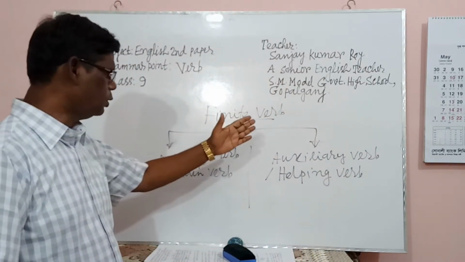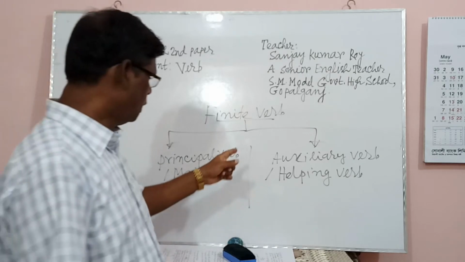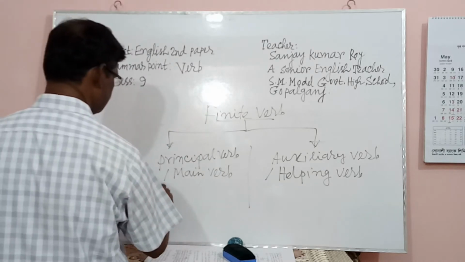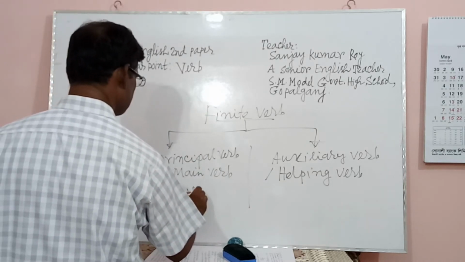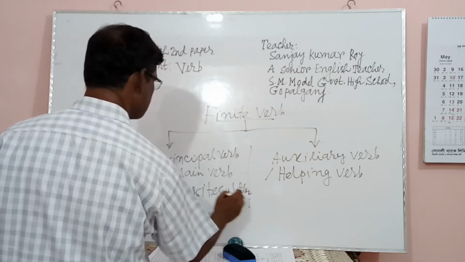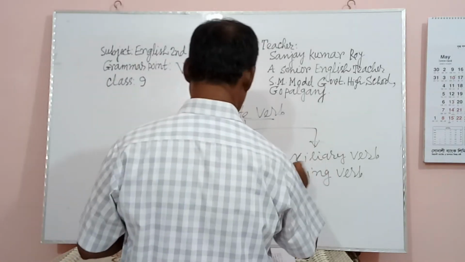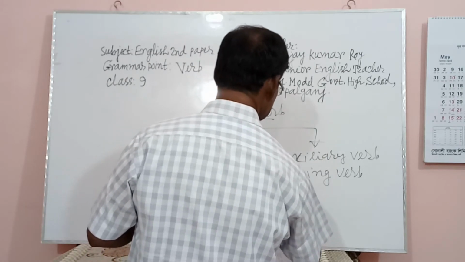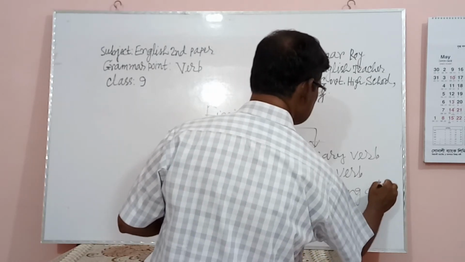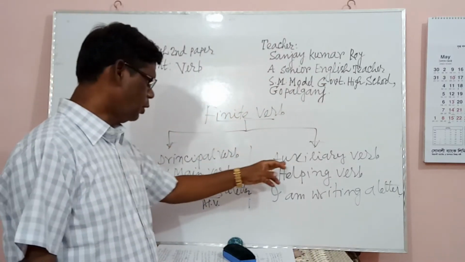Finite verb is also divided into two kinds: principal verb, main verb, and auxiliary verb, helping verb. Writes is the main verb, principal verb.